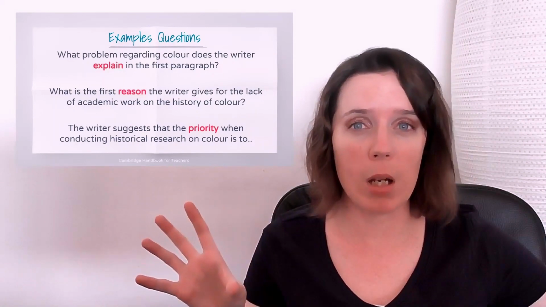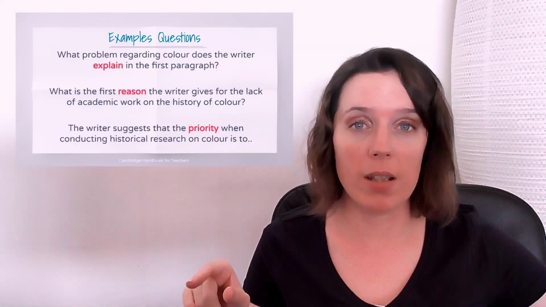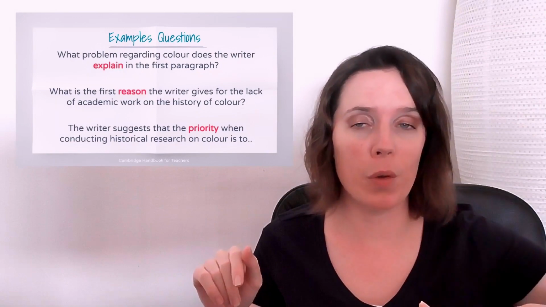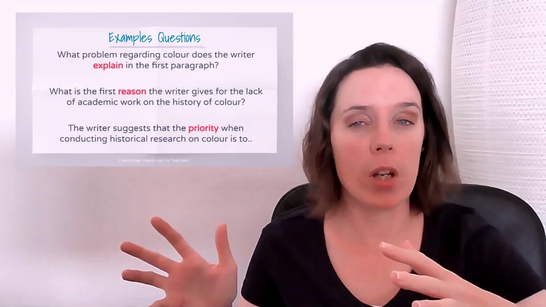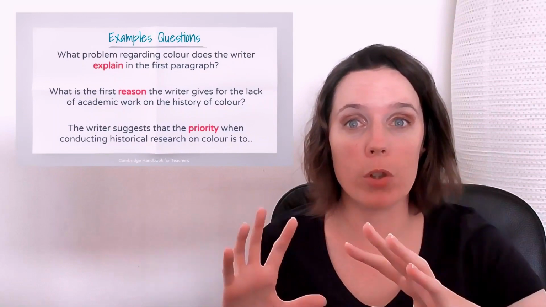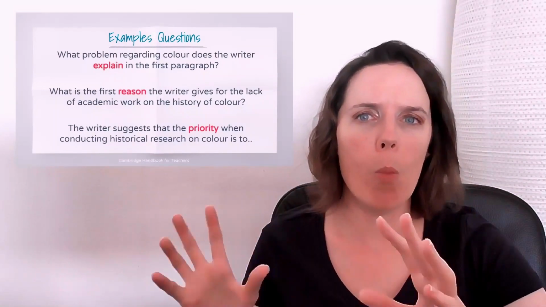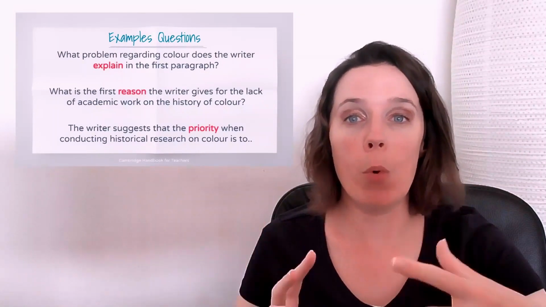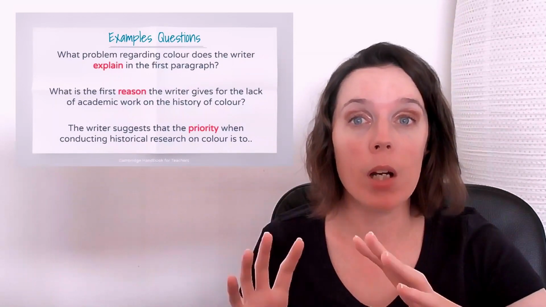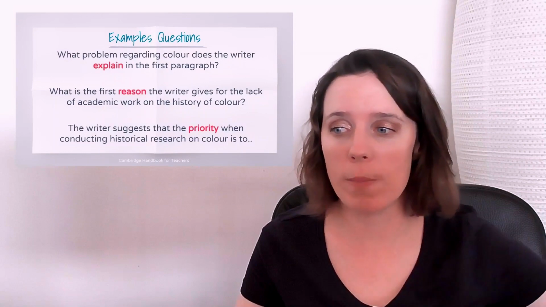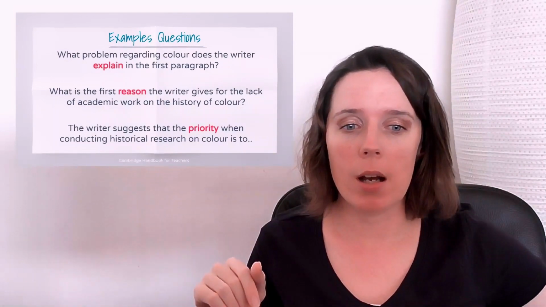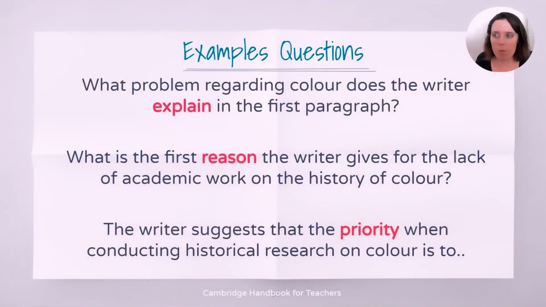If you go to the Cambridge English website, you'll be able to find this document, and it has a full practice test in it, and it also has tons of extra information about the whole exam and what you're tested on and how you need to prepare for the exam. It's a really useful document for students as well, not only teachers. But these questions come from there, so they're genuine questions from the exam for part 5 multiple choice.